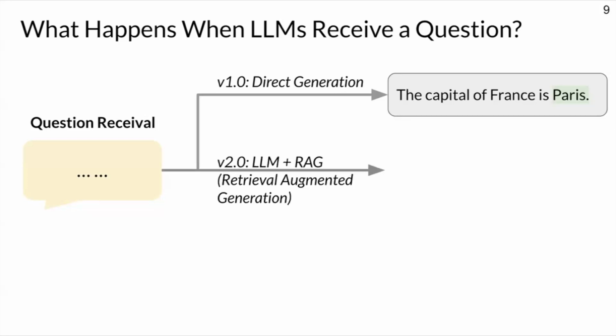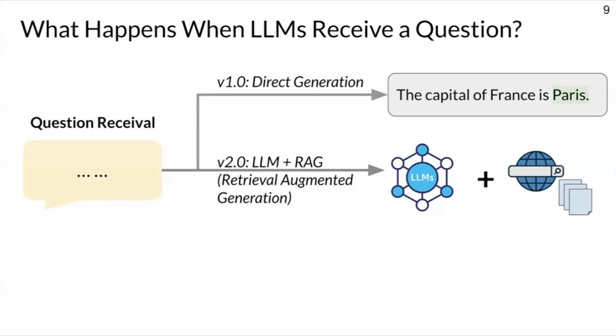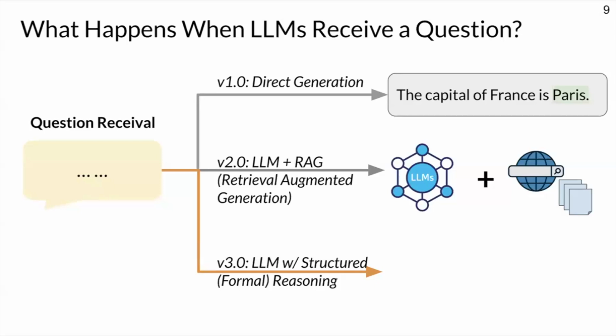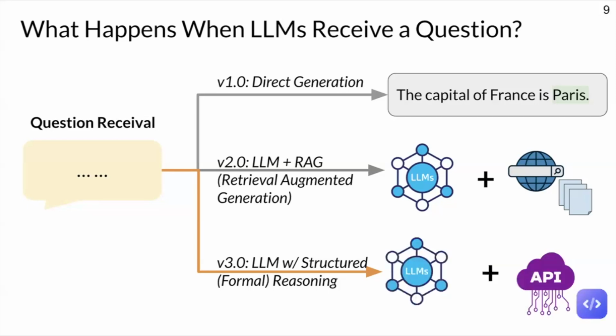The second mode is LLM plus retrieval augmented generation, RAG, where you can roughly trust it on summarizing opinions and findings from trusted sources, such as maybe the CDC and other websites. And the third type of generation is LLMs combined with structured formal reasoning. That means connecting LLMs to coding, or to certain statistical tools or domain knowledge in the science subject, to make sure the generation is grounded.